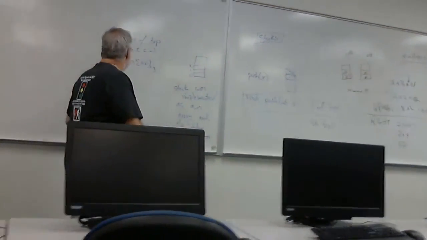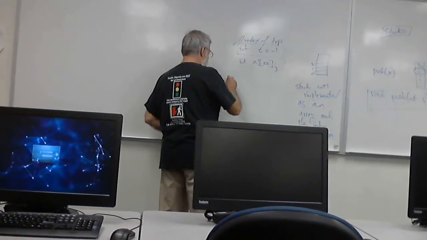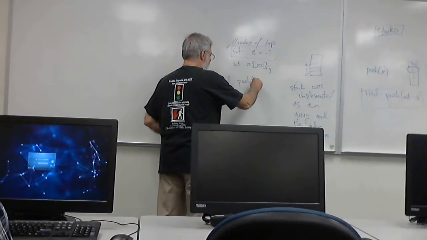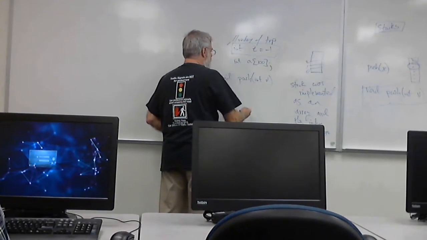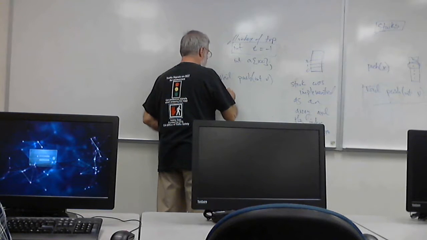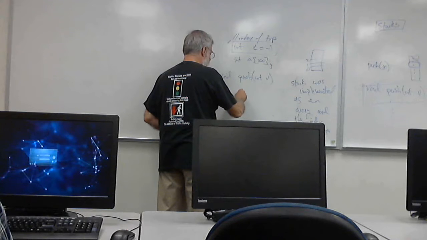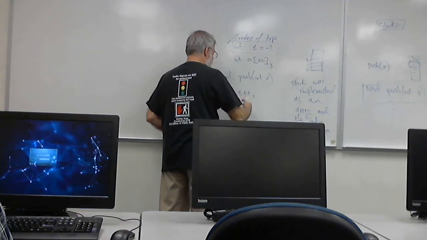So what did the push operation look like? It doesn't return anything, void. Push int some value. What are we going to do here? We are going to increase t by 1, so we'll do t plus plus. So it goes from -1 to 0.